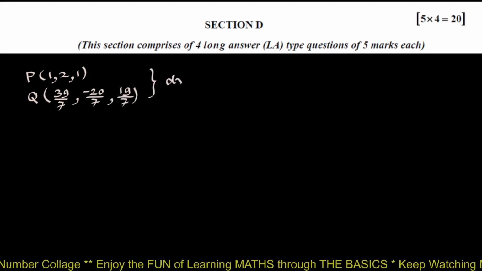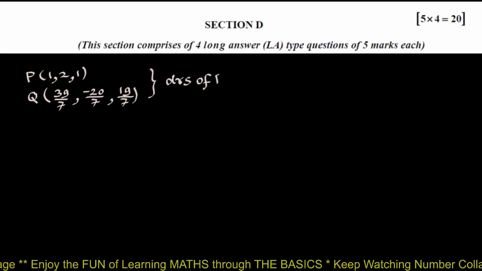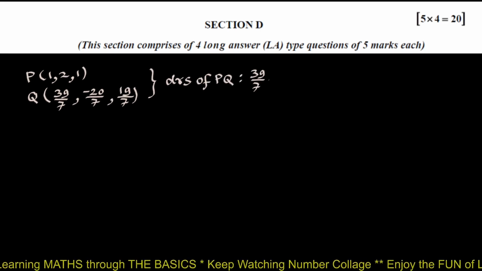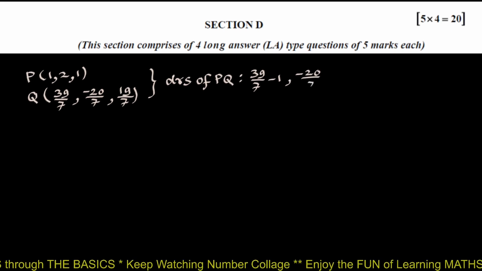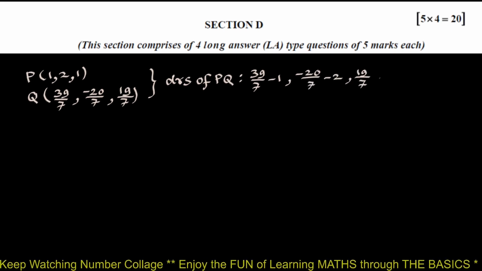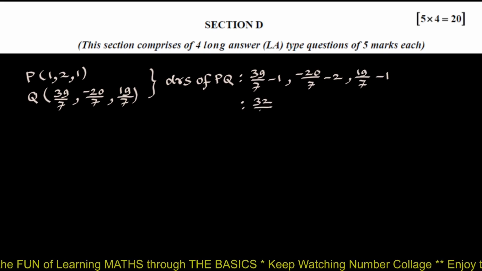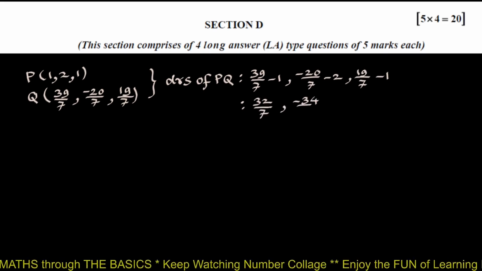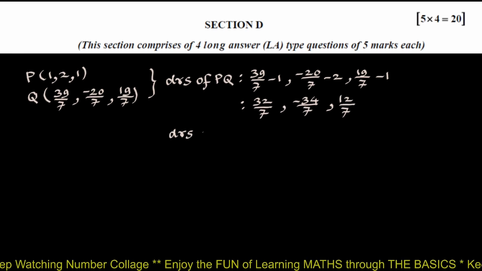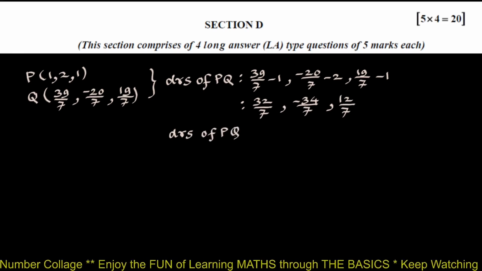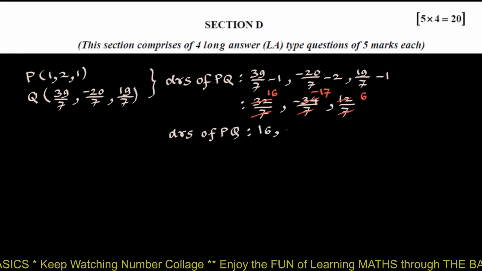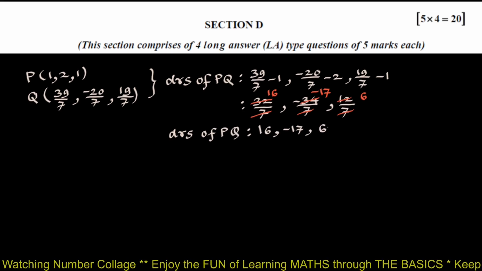So direction ratios of segment PQ will be 39 upon 7 minus 1, minus 20 upon 7 minus 2, 19 upon 7 minus 1, which will be 32 upon 7, minus 34 upon 7, 12 upon 7. Removing the common factors, the DRs will be 16, minus 17, 6.